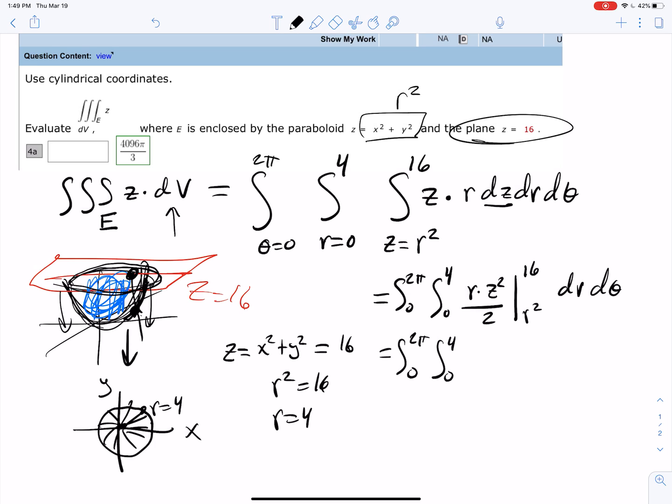What is 16 squared divided by 2? It is 128. So I'm going to have 128r minus r squared squared, which will be r to the 4th, times r, which makes r to the 5th, over 2 dr d theta.